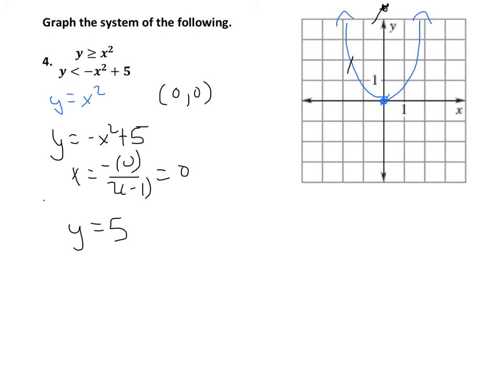Dashed line. So now pick a point for the first one. Pick the point 0, 1. Plug it in. Is 1 greater than or equal to 0? Yes. So I pick this, so that means shade up.